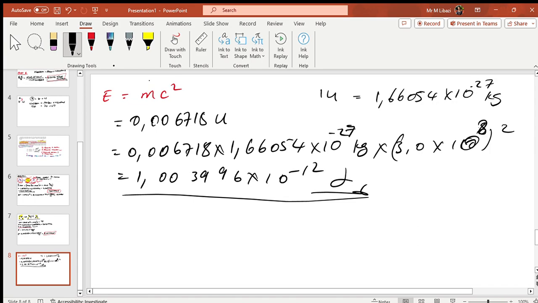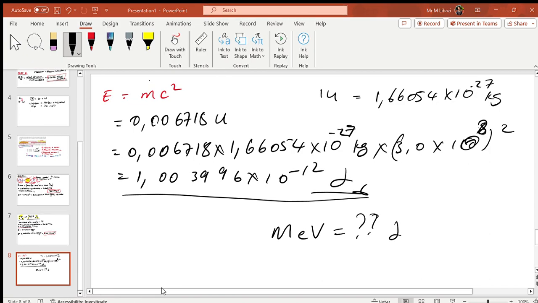So to see if this is true, you can reconvert from joules to mega electron volts. How many joules is 1 mega electron volt?